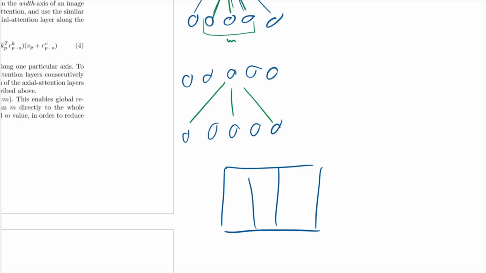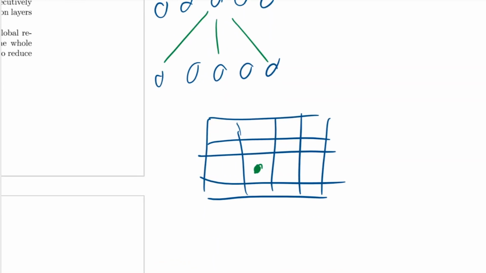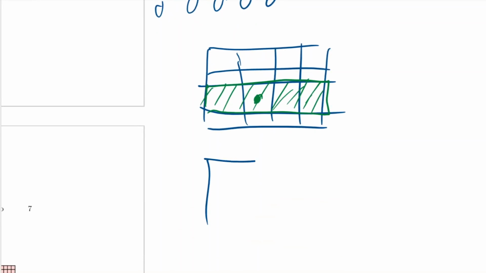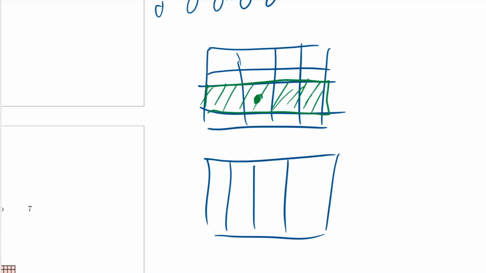You can do the neighborhood thing as we did, or you can say, where should the green pixel pay attention to? Axial attention says the green pixel should pay attention to only the row where it is in. It should ignore the rest of the input. And then in the next layer, we'll flip it. Then the same green pixel will pay attention to only the column it is in.